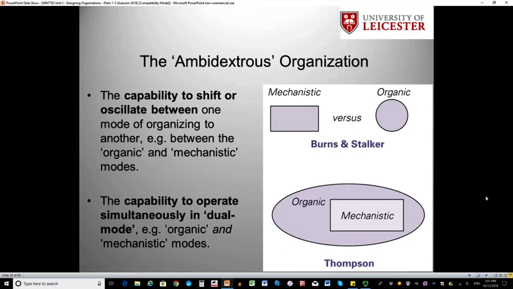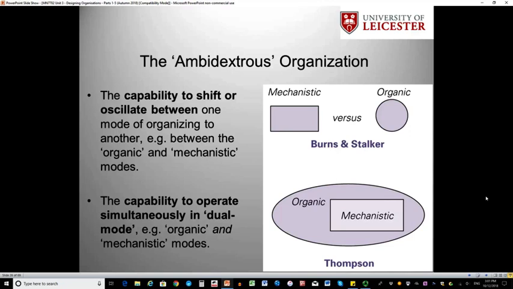So when I think about my own experience at Hewlett-Packard, yes, I can identify the organic mode, and yes, I can identify the mechanistic mode, but I can see that within the organisation we had some functions, some departments, some divisions that were actually quite organic, but other divisions, functions or departments that actually looked quite mechanistic.